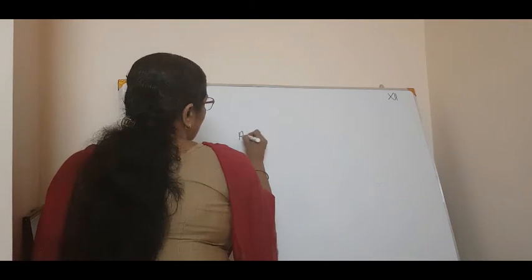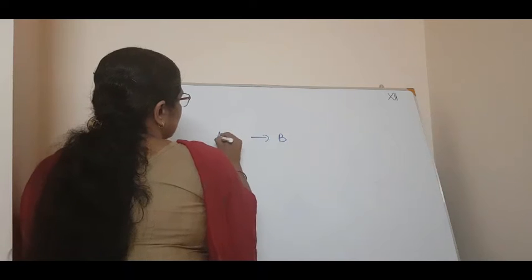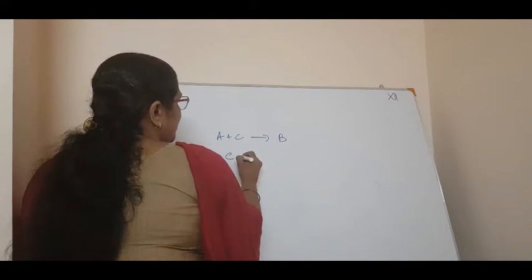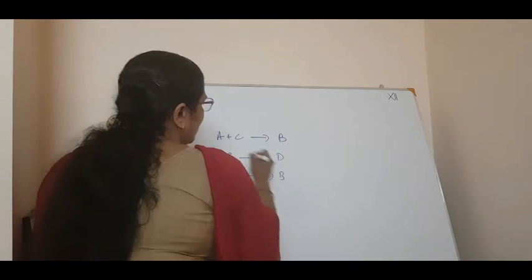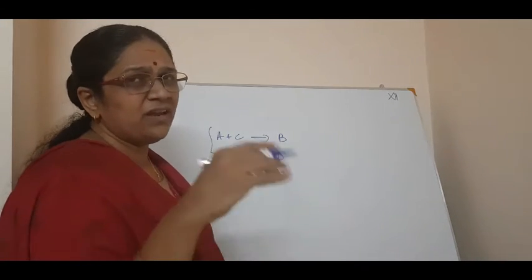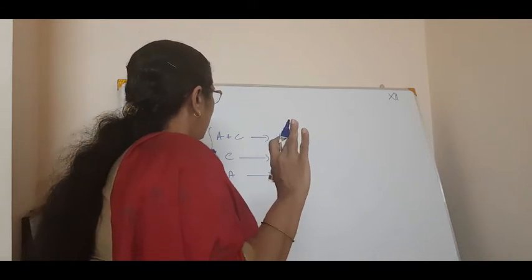For example, A plus C giving D. The second step is C giving D. Then the third step is A giving B, like that. This is only hypothetical, just for information, just to have a feel of it.